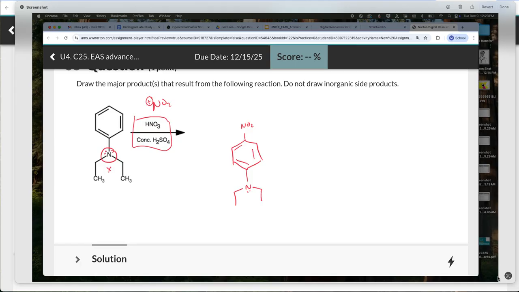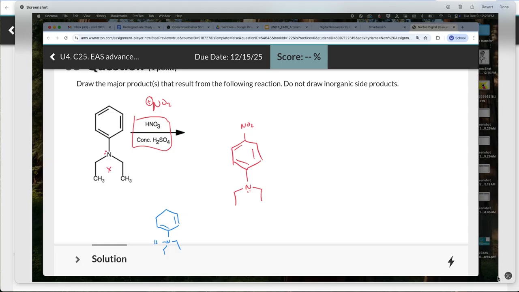Why is it being acidic matter? Yeah, that nitrogen is actually quite basic. And so typically, a possible explanation for what can happen is that you protonate that nitrogen.